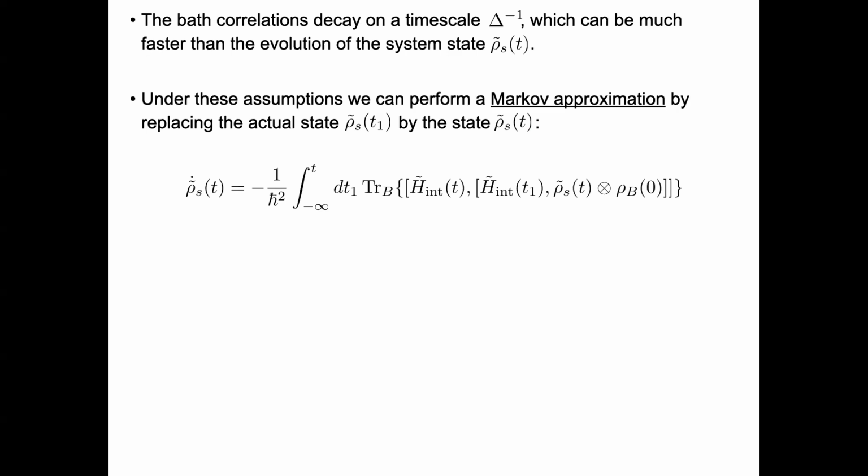The other small thing we did is that previously we had the integral from 0 to t, and we now replace this by minus infinity. If this function decays very quickly, then it doesn't matter whether we integrate from 0 or from even further, because it doesn't contribute to the integral anyway. This just makes everything slightly easier to evaluate.